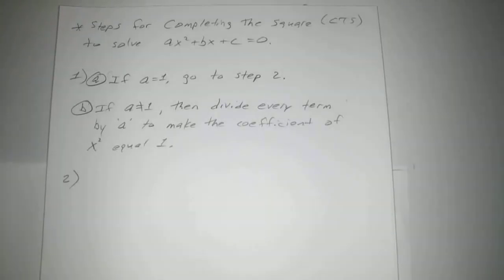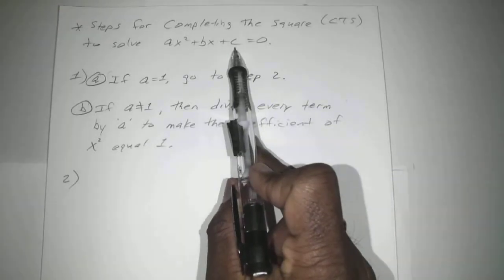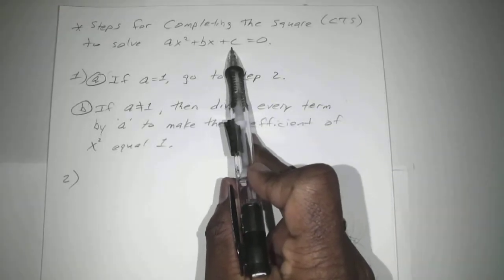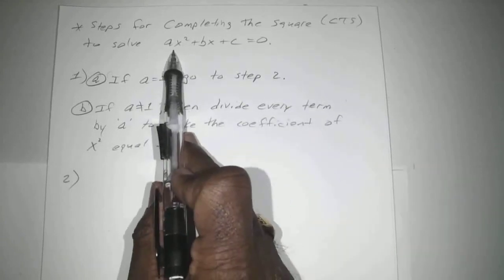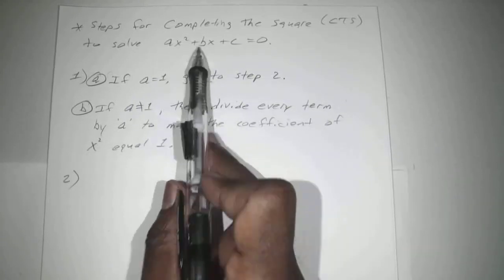Okay, so the next step is you want to isolate all the variable terms to one side. So whatever this constant is here, if this is plus 8, then you want to subtract 8 from both sides. You just want these two on one side.